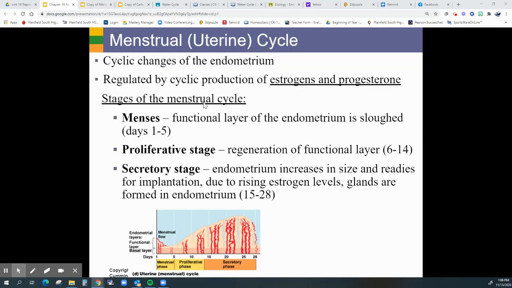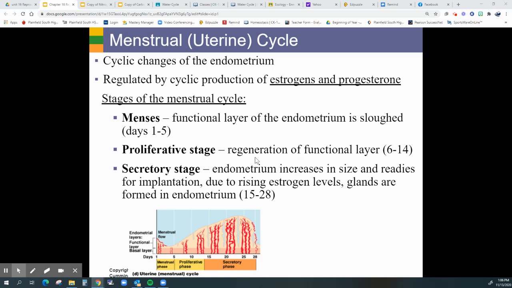All right, so we're going to finish female anatomy a little bit, talking about the menstrual cycle itself. These are the cyclic changes of the endometrium. It's driven by both estrogen and progesterone, and there are 3 main stages. There's what's called menses. This is where the functional layer is sloughed off, usually somewhere between days 1 to 5. There's then what we call the proliferative stage.